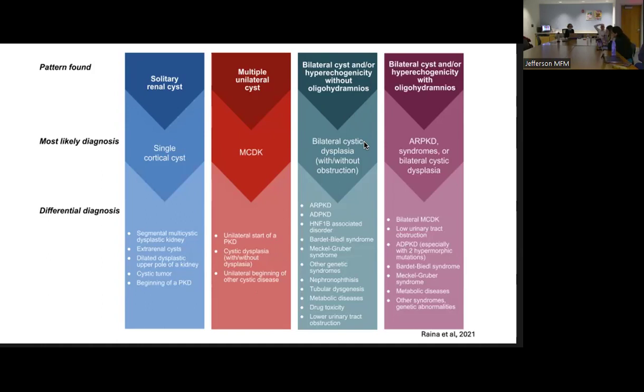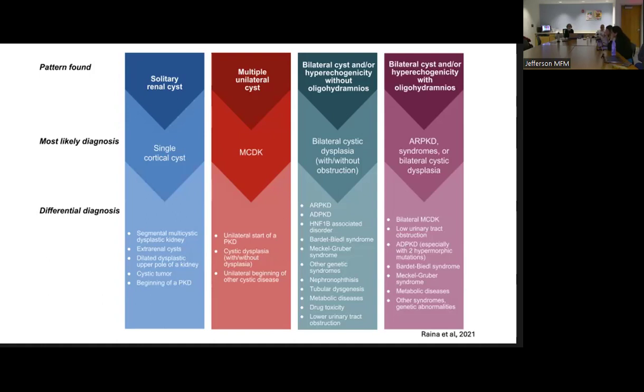This can be with or without obstruction, but your differential includes a wide array: autosomal recessive polycystic kidney disease, autosomal dominant, your HNF1 beta associated disorder, which we're going to talk about all 5 of these that are listed. Corday-Bedell syndrome, Meckel-Gruber syndrome.